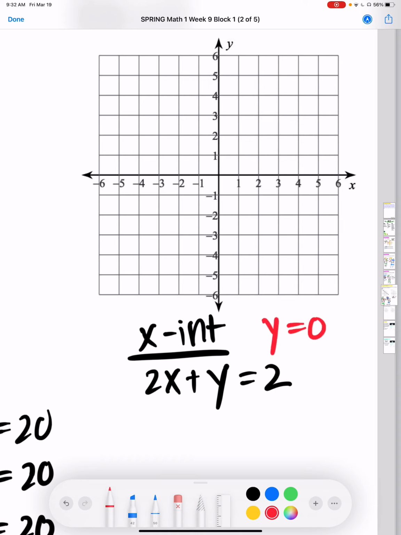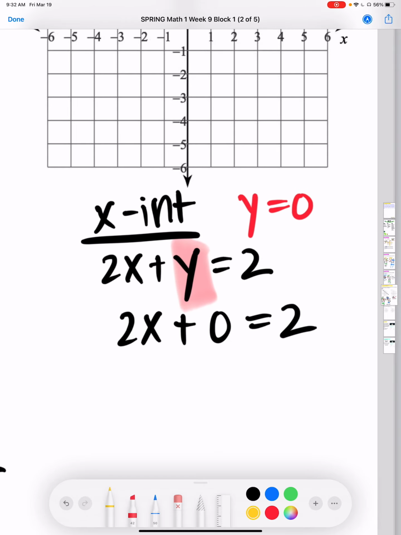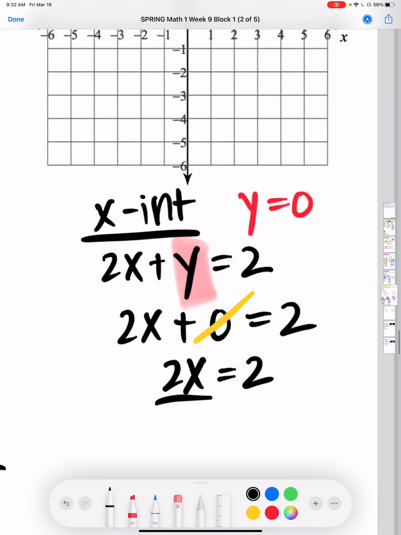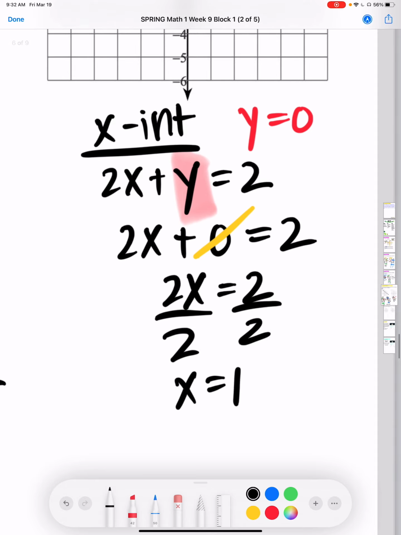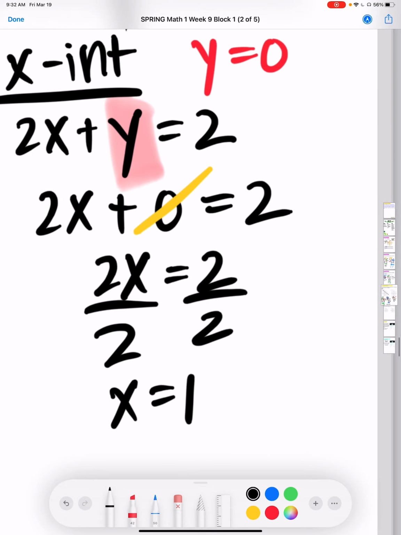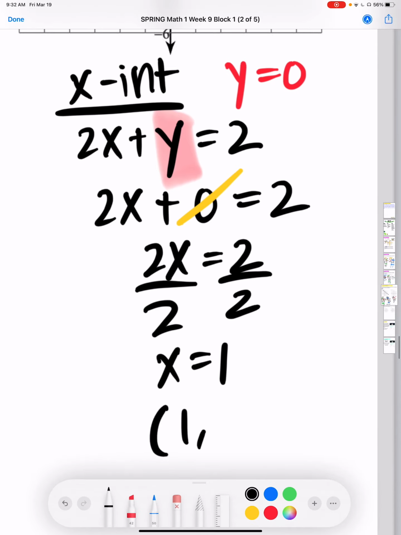So I'm going to have a 0 substituted in my y. So I'm left with 2x plus 0 is equal to 2. 0 is gone. I'm left with 2x equals 2. Divide 2 to both sides, and I have x equals 1. So my coordinate for this one is 1, 0.